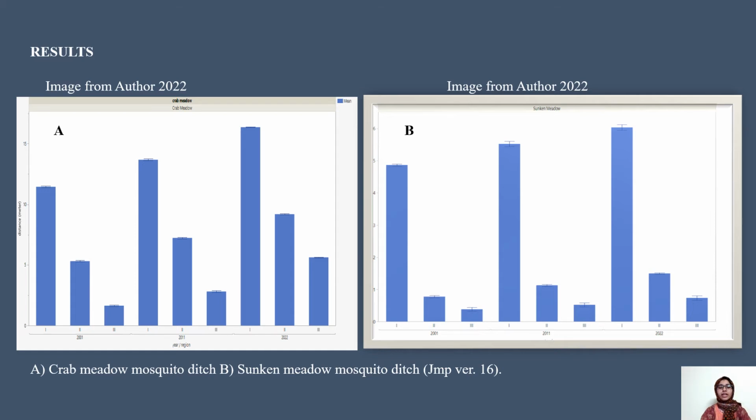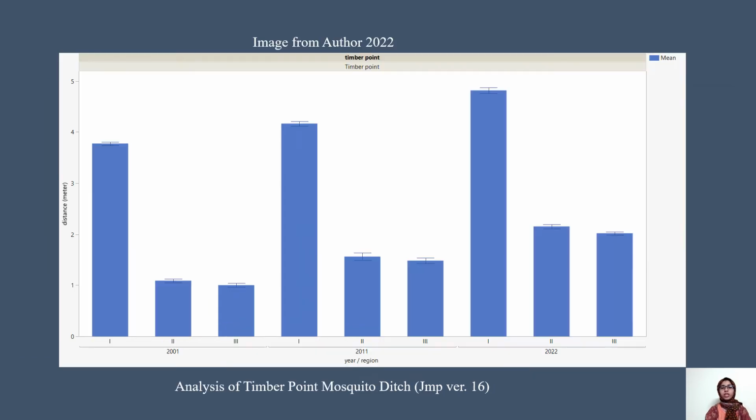Additionally, Sunken Meadow data sheets were also analyzed on JMP, and according to the negative threshold matrix value, there is no significant difference between pairs that you can see in the right figure. The average growth of opening point on Sunken Meadow Marsh is 0.73 meters. Furthermore, for Timber Point, there was also no significant difference between pairs due to the negative values of HSD threshold matrix.